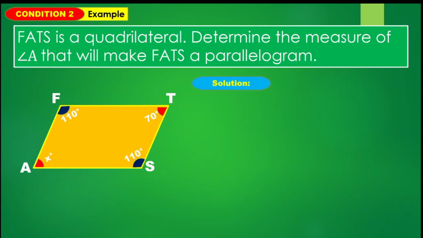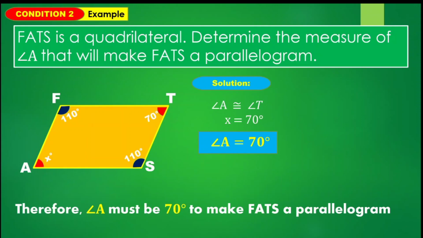To show you the solution, we have here angle A is congruent to angle T. Since angle A is x and angle T is 70, therefore x is equal to 70, and angle A must be 70. So in that way, we can conclude that angle A must be 70 degrees to make FATS a parallelogram. Okay?